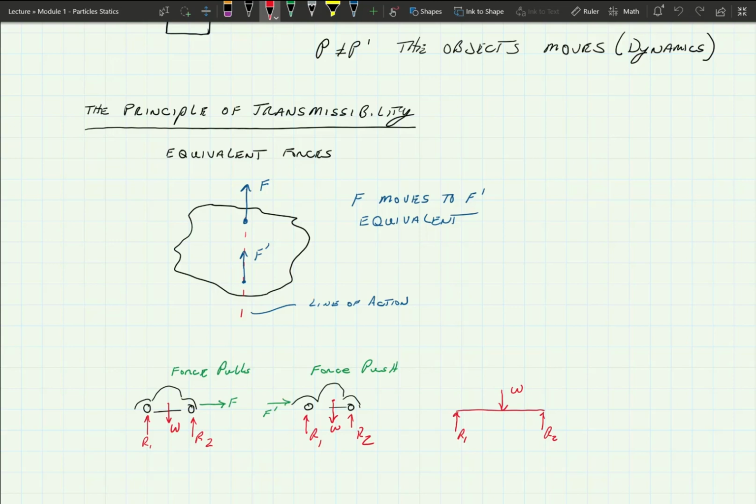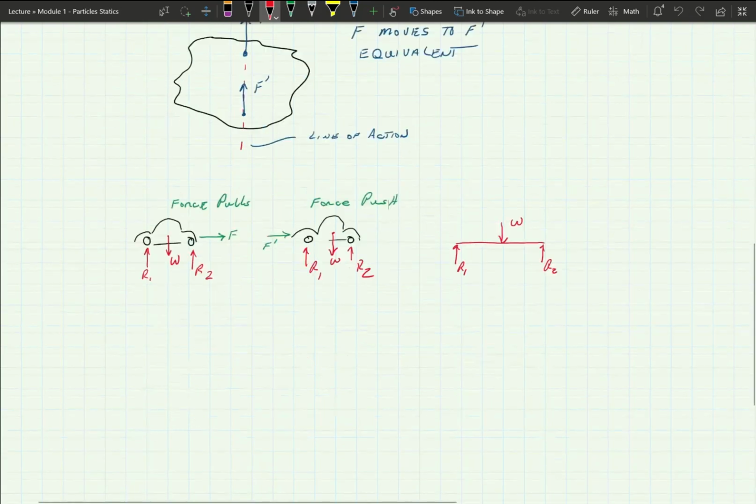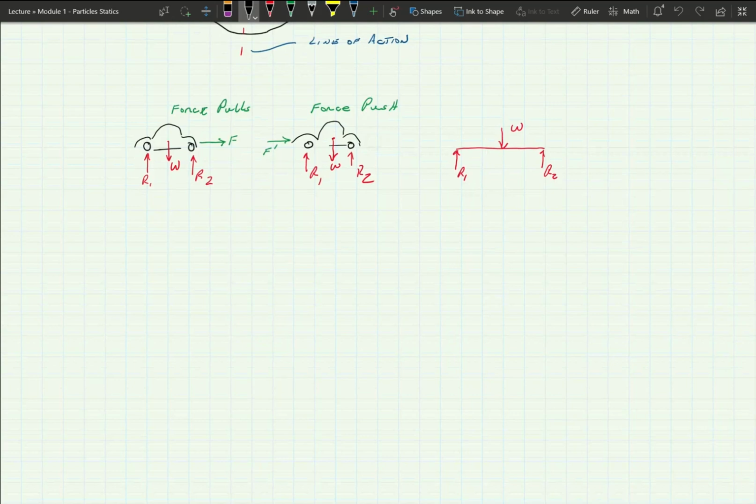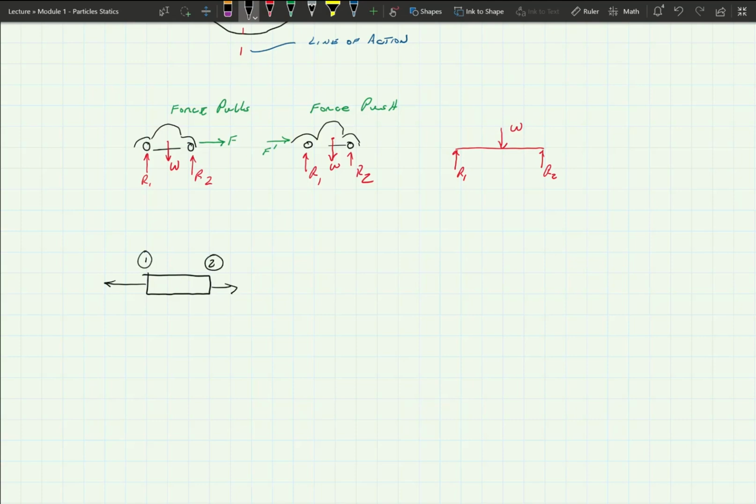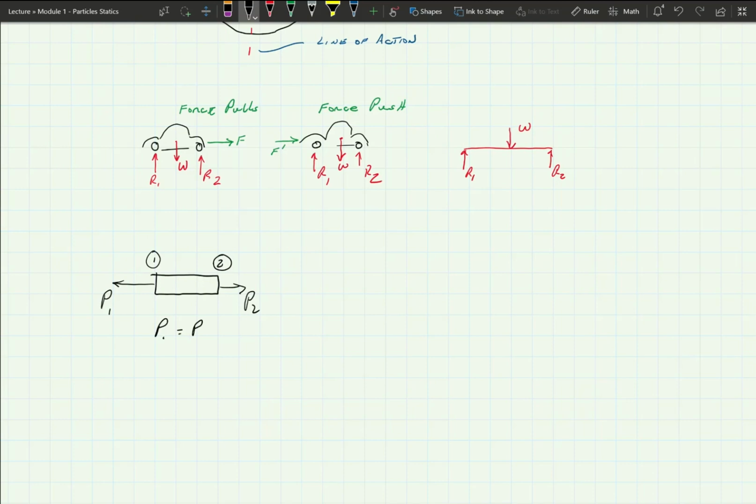So make sense? That's really the short concept of that, and there's a whole bunch of things we can do down the road that just feed into your appetite. But let's say we do this. I've got a force here and a force there, and we're going to call this point 1, point 2, and as long as P1 and P2 are equal, we're good.